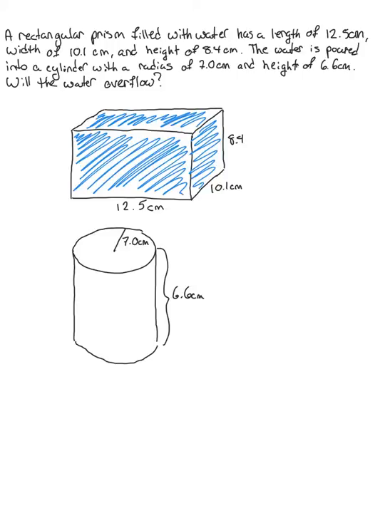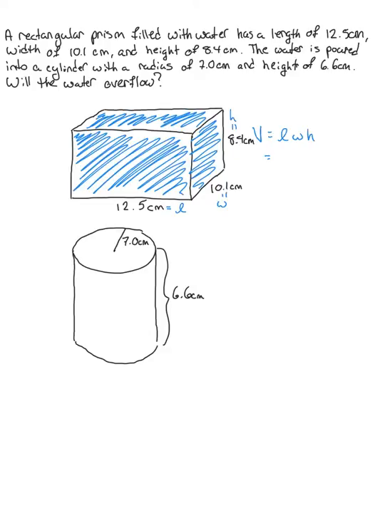The volume of the rectangular prism is the length times the width times the height. The length here is our 12.5 centimeters, the width is our 10.1 centimeters, and the height is our 8.4 centimeters.